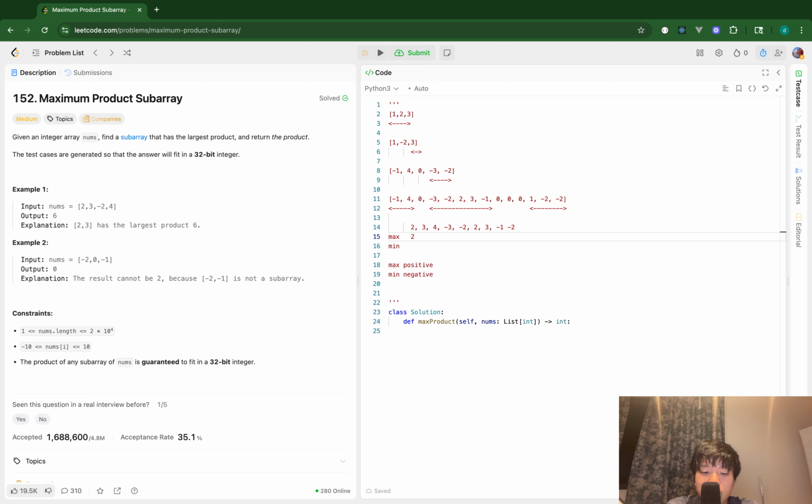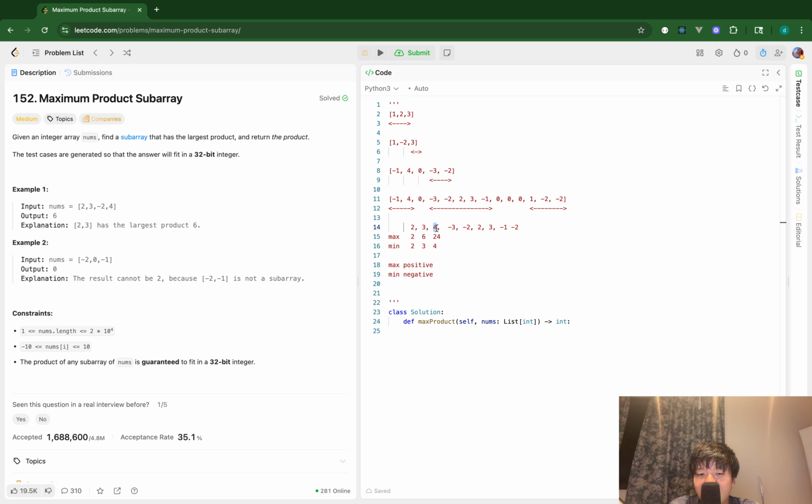Then the maximum should be 6. Then the maximum should be 24. And here, the minimum should be 2, and the minimum should still be 3. Wait. Yeah, correct. The minimum should be 4.